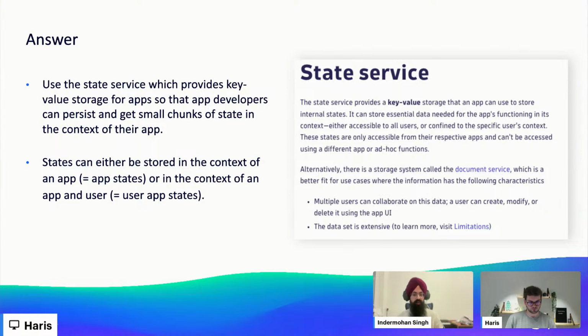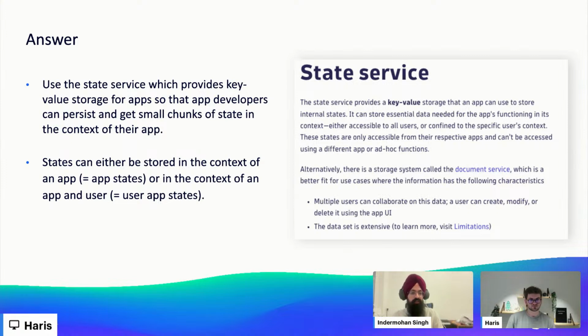When you are running your application in the Dynatrace platform, each app has authentication information of who is logged into the environment. So the app can easily figure out who is logged in, and the state can also differentiate that this data is for this user and this data is for that user. That's the difference here.